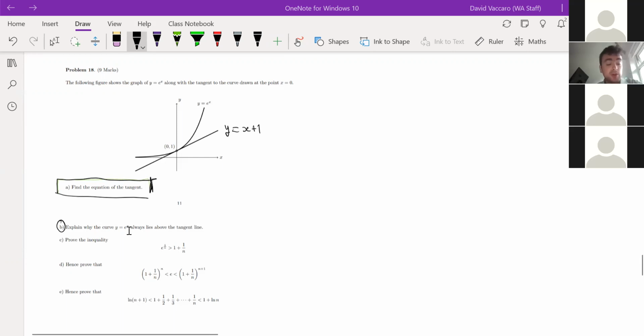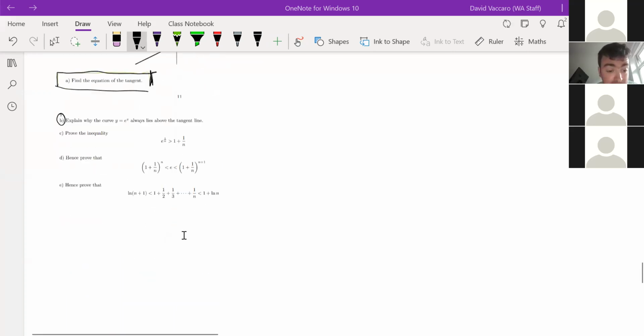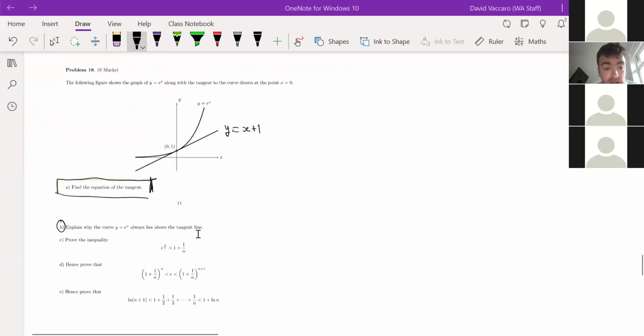What in particular, is there a property of the curve y equals e to the x which kind of guarantees that the curve is above the line?